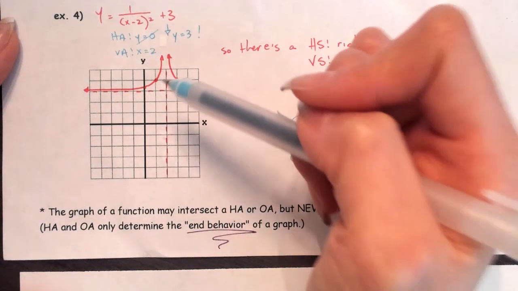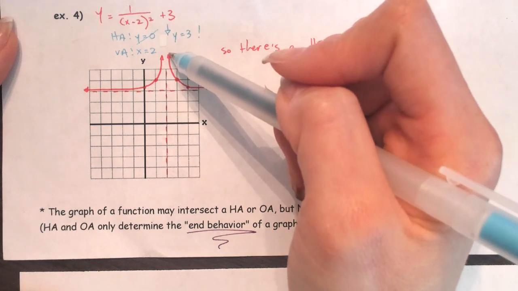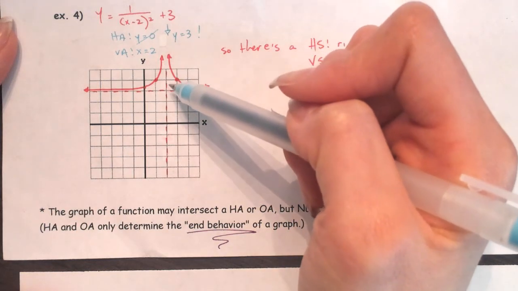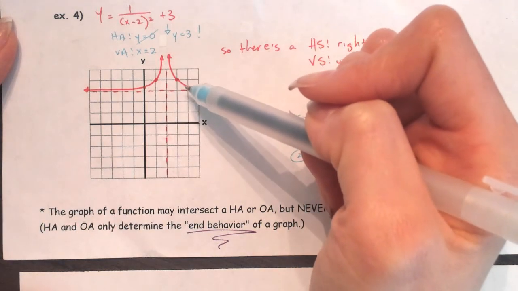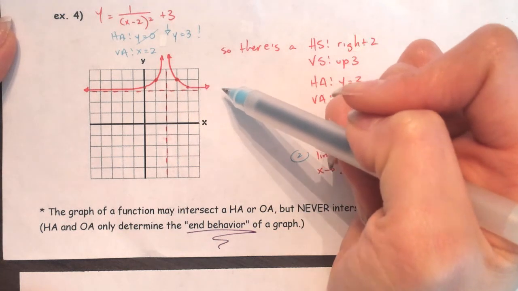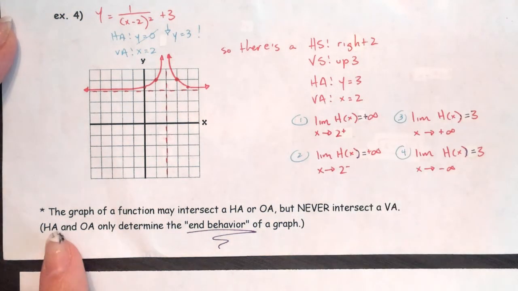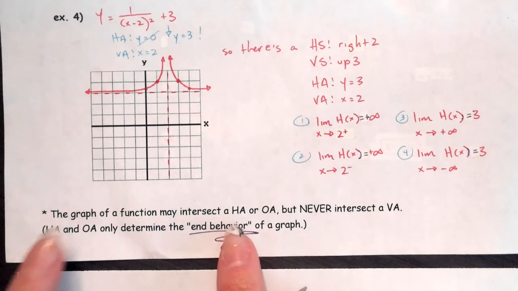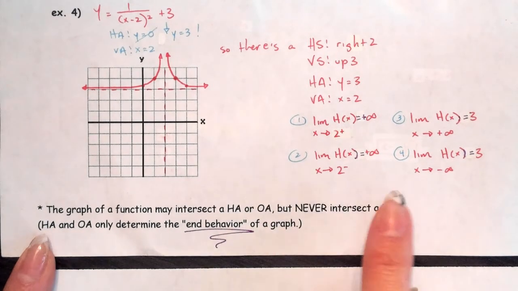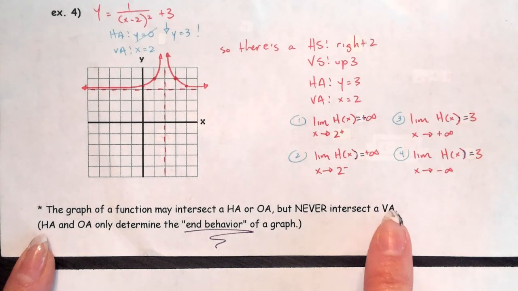Sometimes the graph can start up here, cross down, go back up, and then even out along that horizontal asymptote. So you can cross horizontal and obliques, but you will never, ever cross vertical.